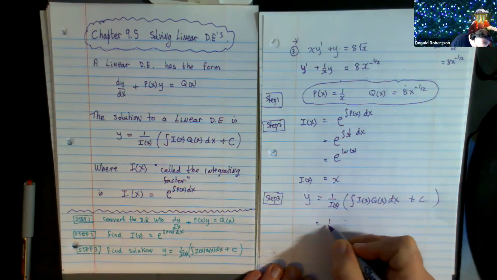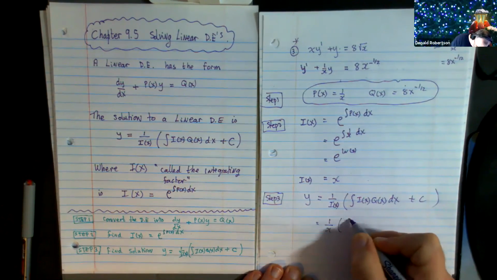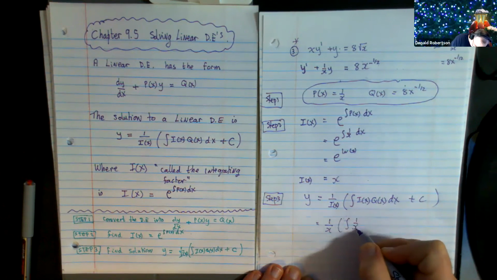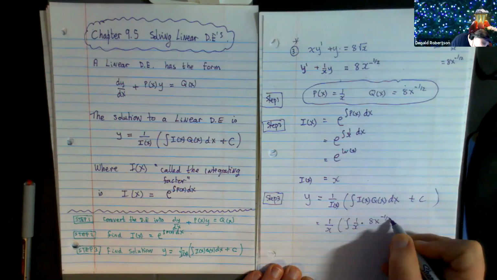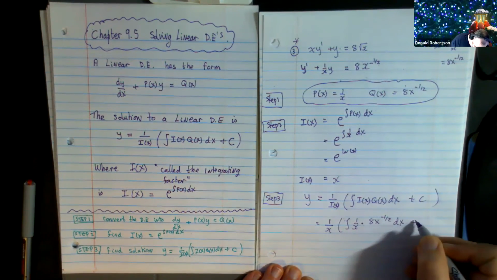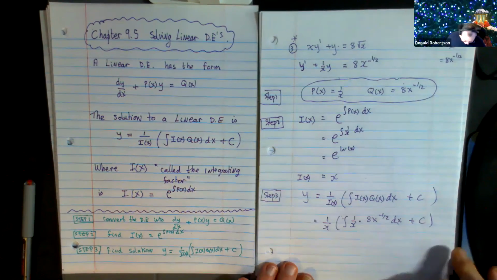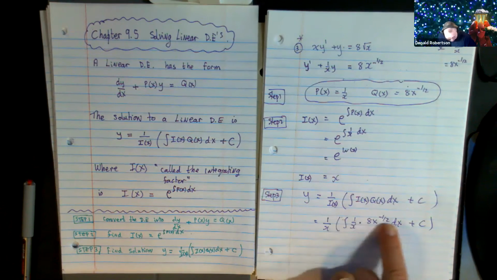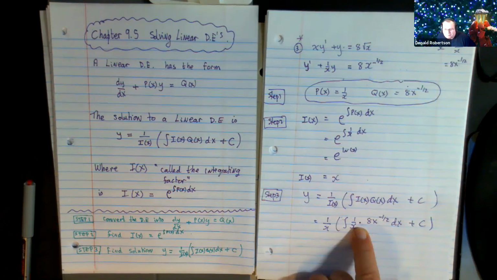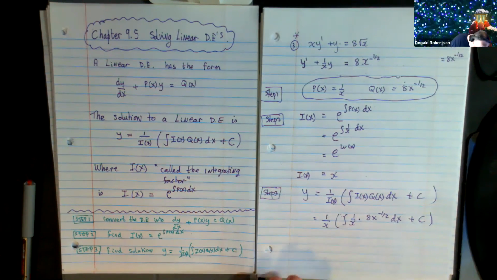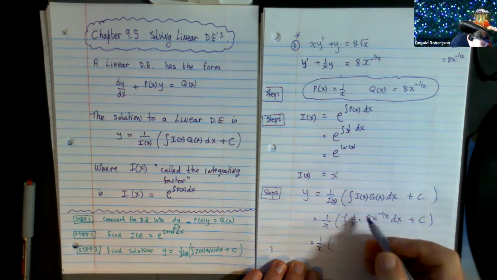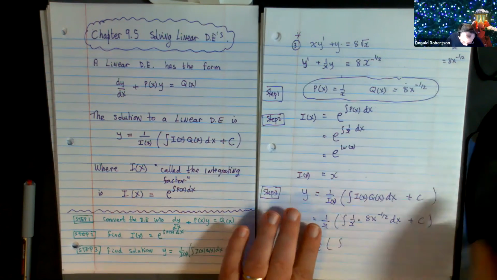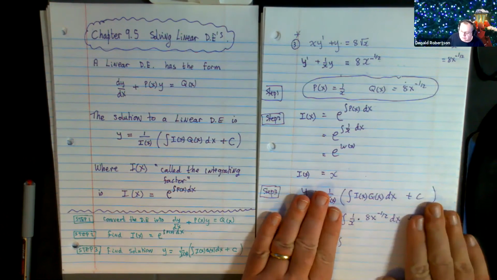And that's going to be 1 over x, the integral of 1 over x times 8x to the negative half dx, add c. Okay, and that might look horrendous, but I don't think it's going to be horrendous. What I'm going to do right now is figure out how to make that look pretty.